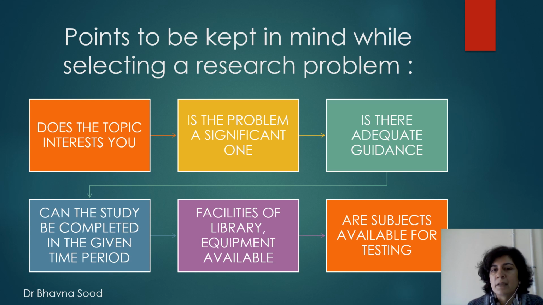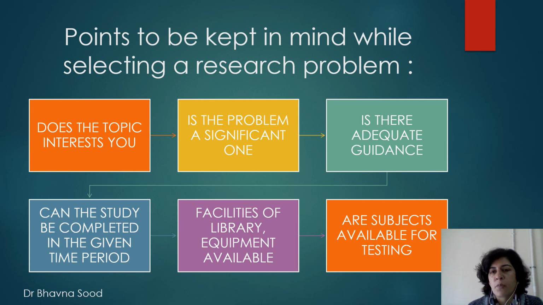And there should be adequate guidance, because you have to consult people. That can be done either by meeting, reading. You would know people, you would reach out to people, those who are experts in certain fields. Then it has to be completed in a given period of time.